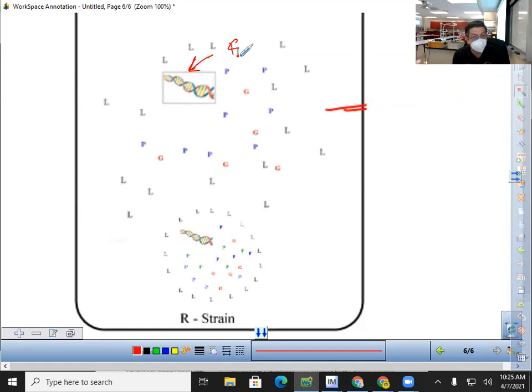This right here is the S strain DNA. This guy has the codes to make the proteins that cause pneumonia. So what happened was somehow that DNA got into the harmless bacteria.